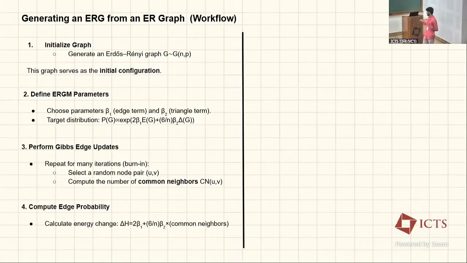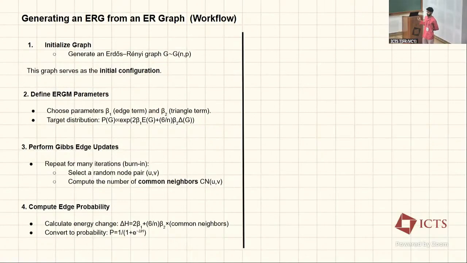I'll explain this in a later slide. Then we calculate the change in the energy, which is twice beta 1 and sigma, and beta 2 times the number of common neighbors. Then this converts into a probability, which is a logistic function, e to the minus delta H.